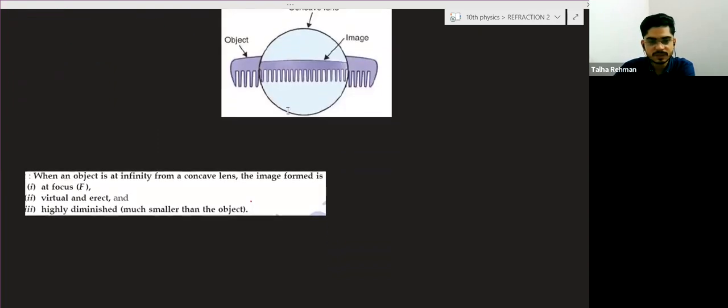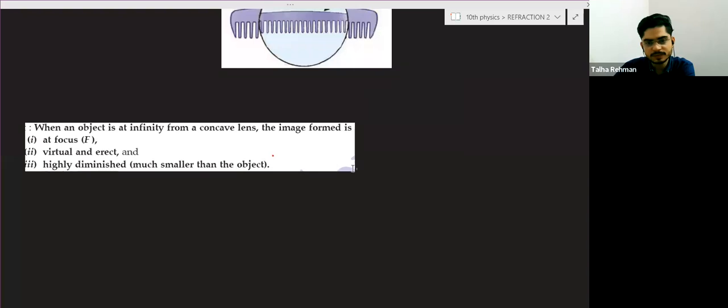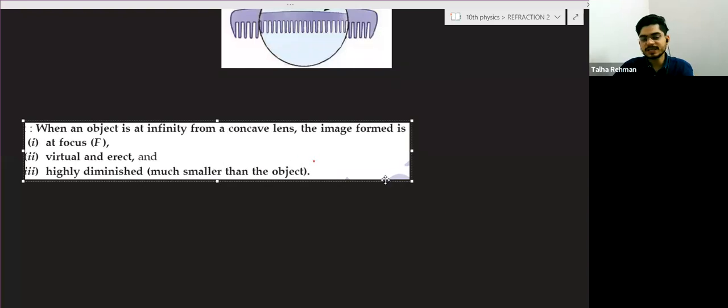This is our first case. The second case is very simple. When you place your object at infinity in front of the concave lens, suppose this is your concave lens and your object is at infinity. Infinity is a very large distance.